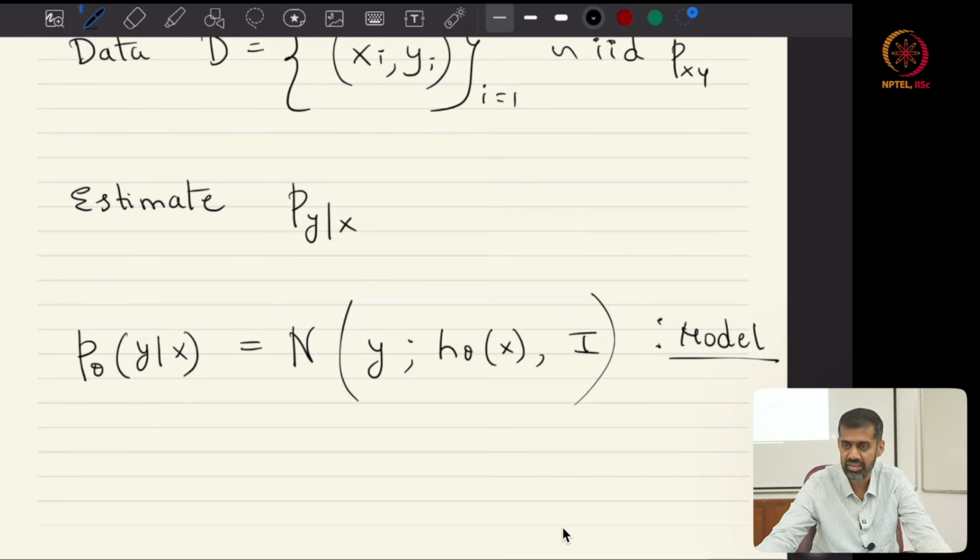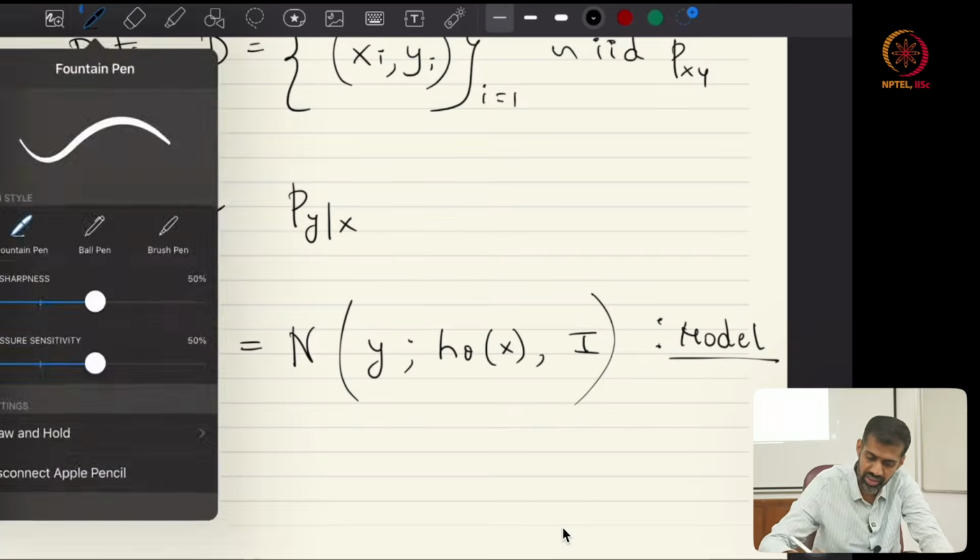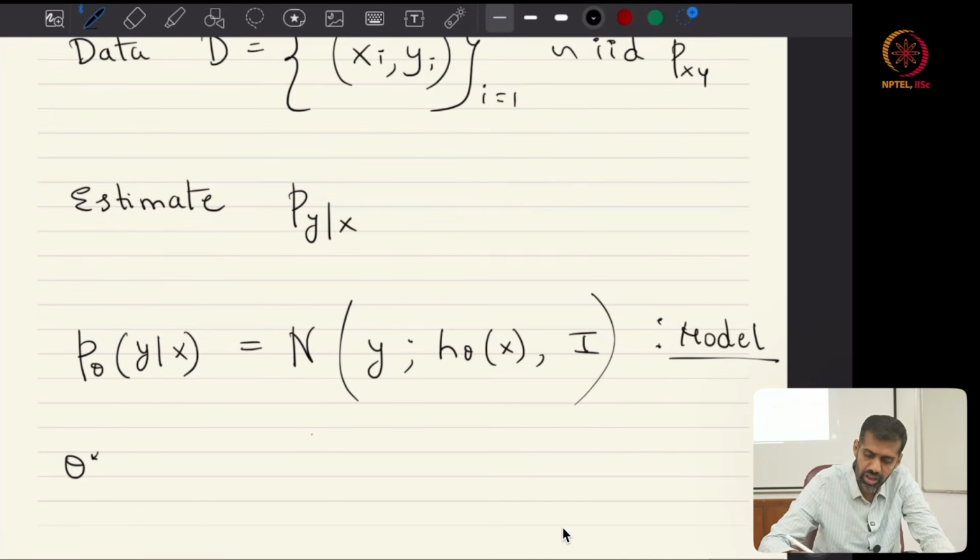p(y given x) is this. Okay, now what shall we do? We will go through our recipe and solve the minimal KL divergence optimization problem. So we want theta star, and by the way, what is h theta of x here? This is a function, right?